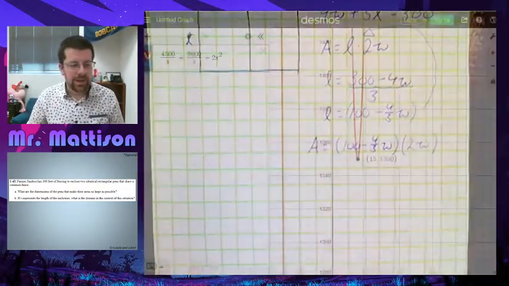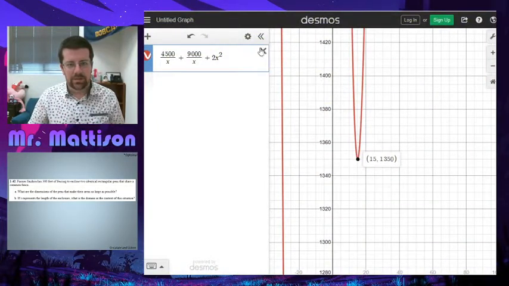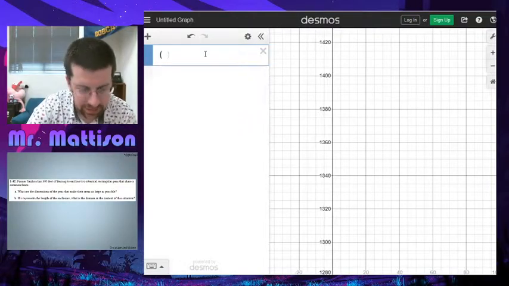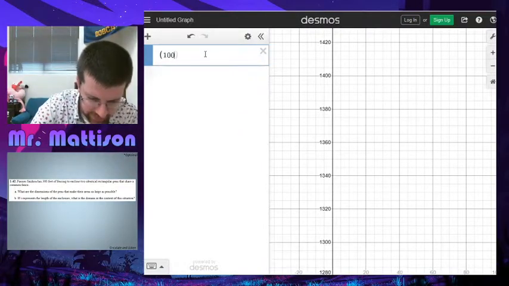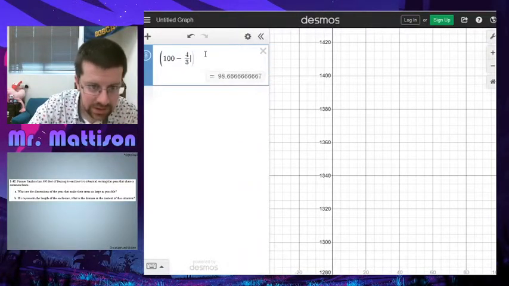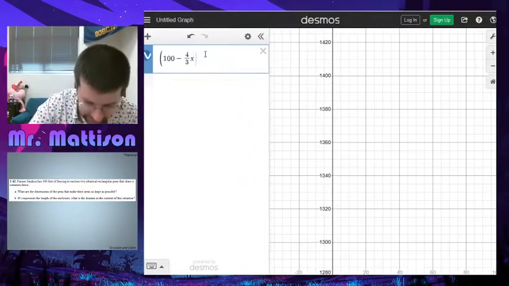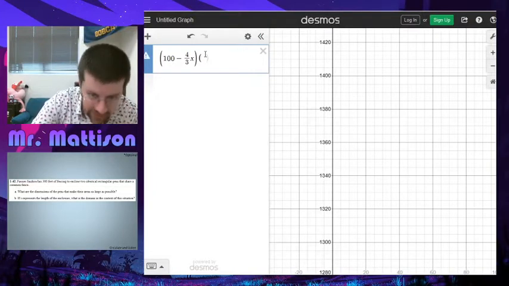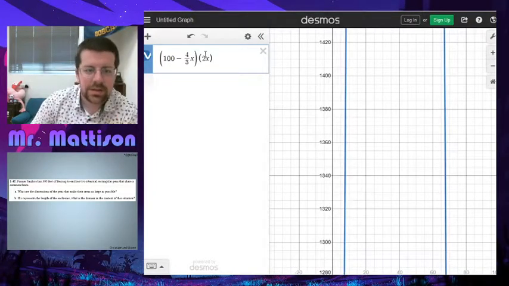So let's head back over to Desmos. Let's get rid of the last problem. Let's put in our equation here: 100 minus 4 thirds x, and again I'm using x's as opposed to W's just because Desmos prefers x's, and then times 2x.